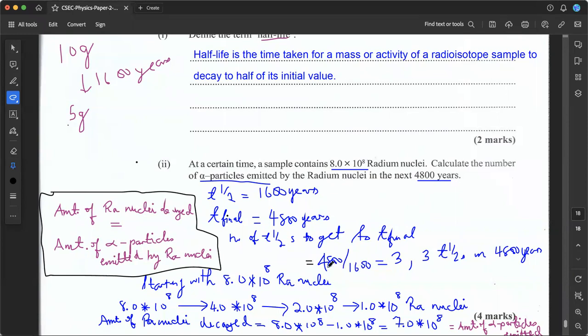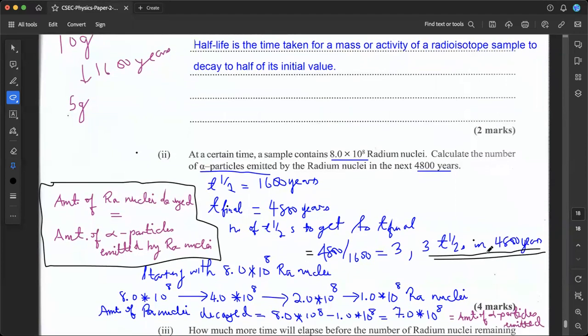So we do 4,800 divided by 1,600, and we come out with 3. That means we're going to go through 3 half-lives to get to that 4,800 year mark. So we're going to go through a half-life 3 times in that 4,800 years.